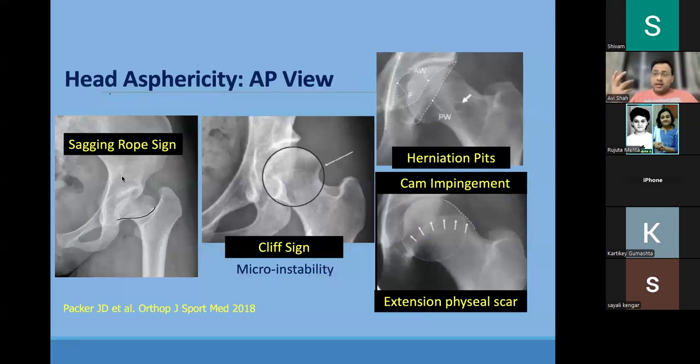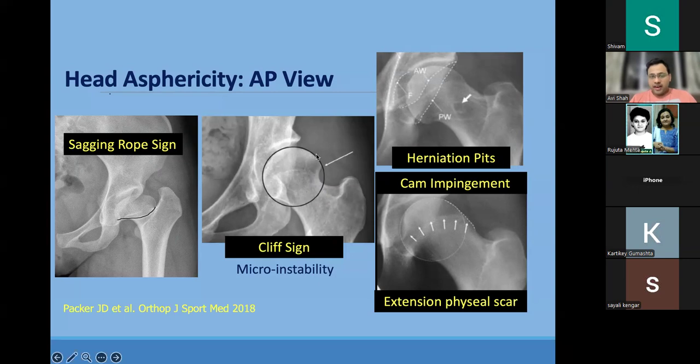Next is looking at now the femoral head and the asphericity. The sagging rope sign, like you can see here, is very commonly seen in post-septic sequelae and in Perthes where the head is misshapen. That is because of the shape of the head, there is overlap, and that overlap looks like a sagging rope. Another sign for micro instability is what we know as a cliff sign.